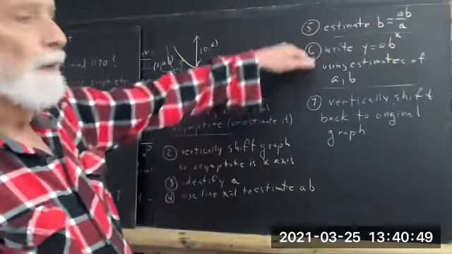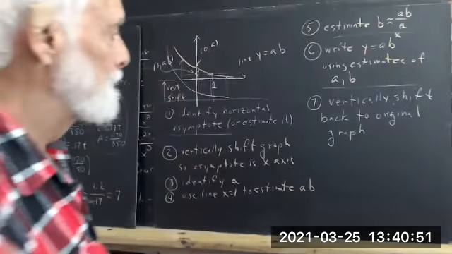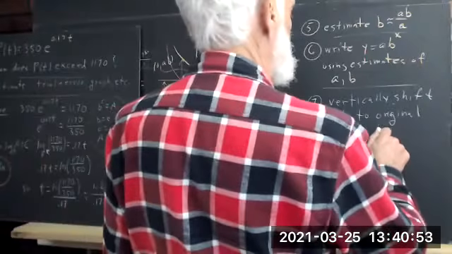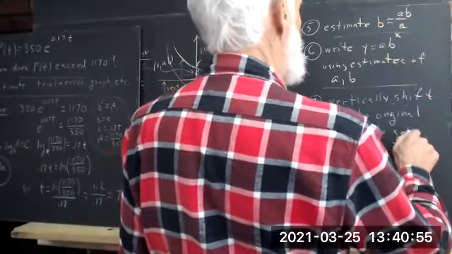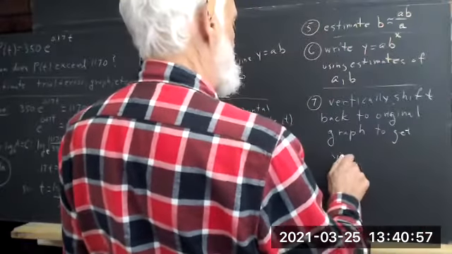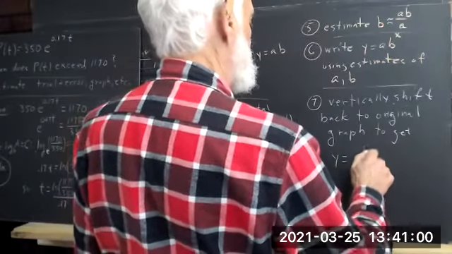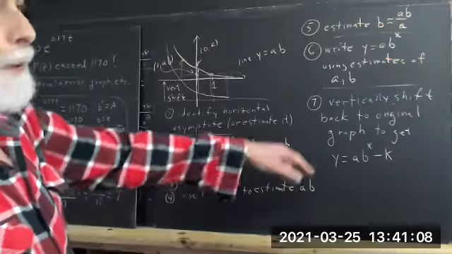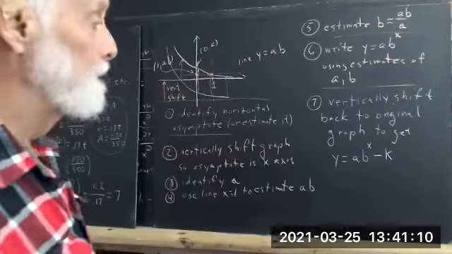So you vertically shift back to your original graph to get y equals ab to the x minus k.